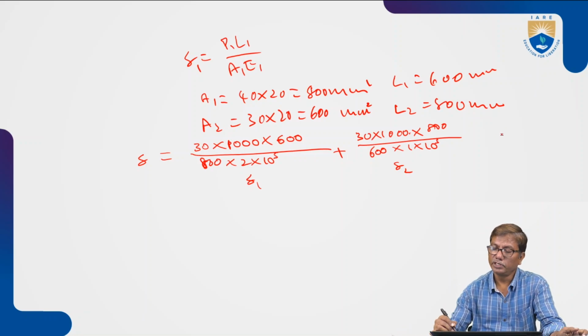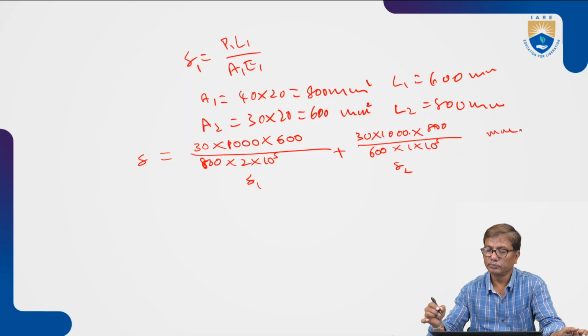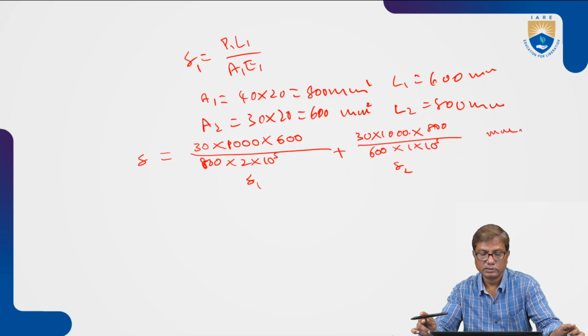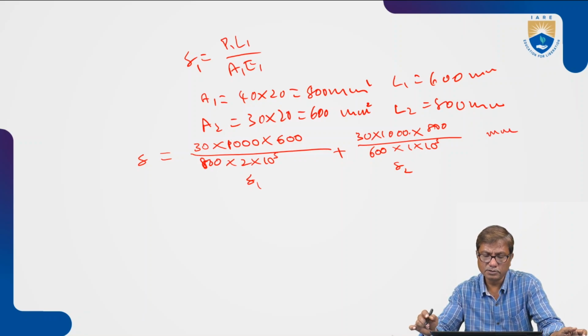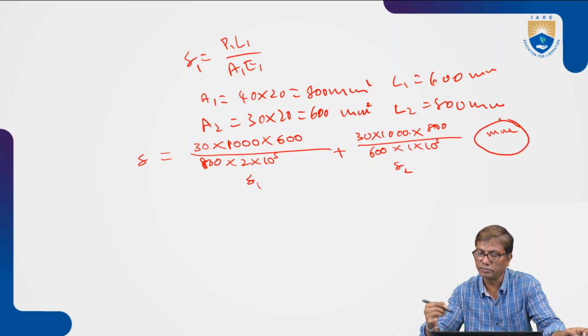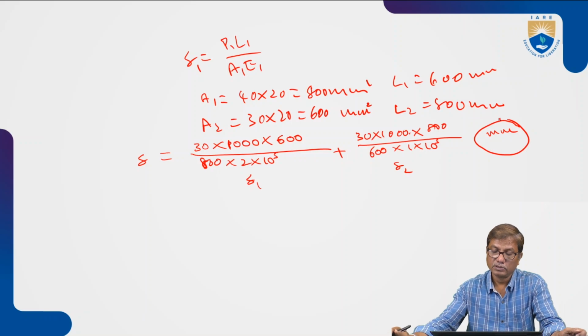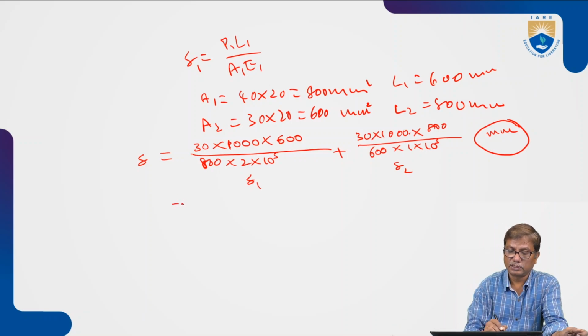So the units will be now millimeters, because load is in newtons, length is in millimeters, Young's modulus is in Newton per mm square. So the resulting units will be in millimeters. Okay. And how much you will get the resulting value?